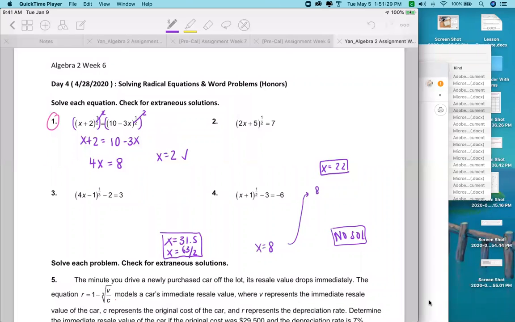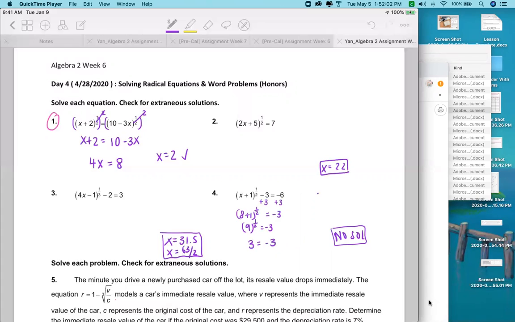9 equals to 9. Let's see. Wait, we add this over to the other side. So that gives you a -3, right? And then we got 8 plus 1 to the 1/2. So that would be 9 to the, oh, I see why you got 9 equals to 9. Right here, we have to actually do the square root of 9. And remember, when we do the square root of 9, that's 3. And 3 cannot equal to -3.